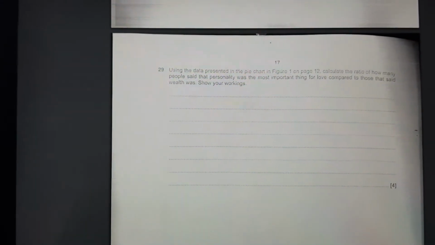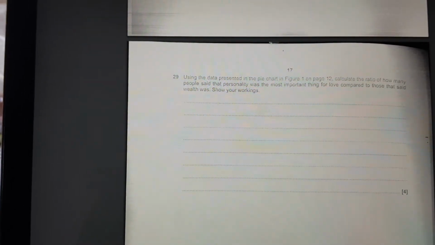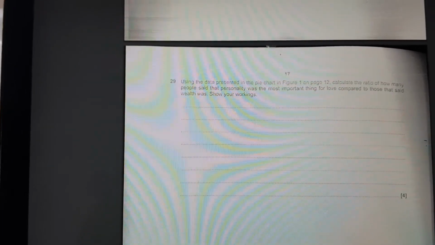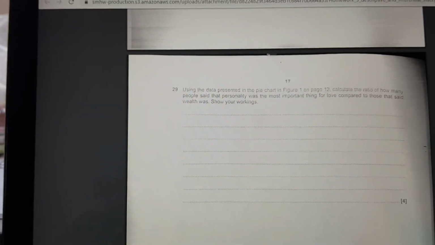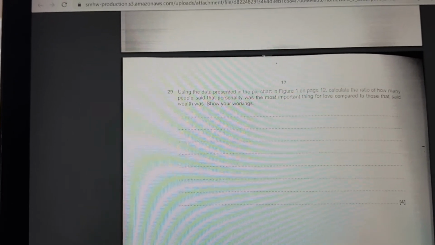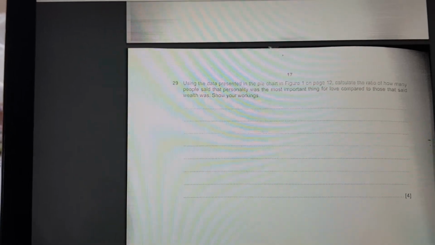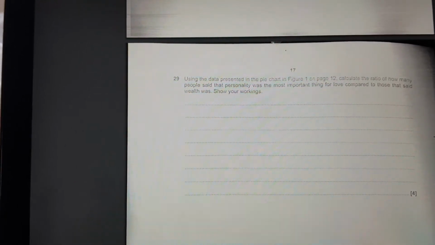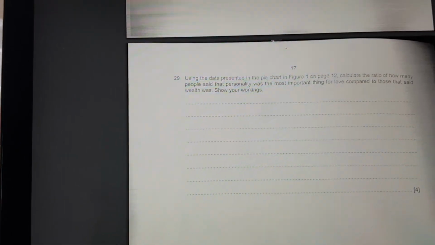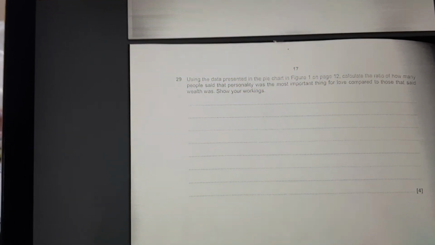And then finally, last question, you have to calculate the ratio. Now, these are expressed as percentages as per the pie chart, but you need to convert them back to people in order to work out the ratio that's being asked.